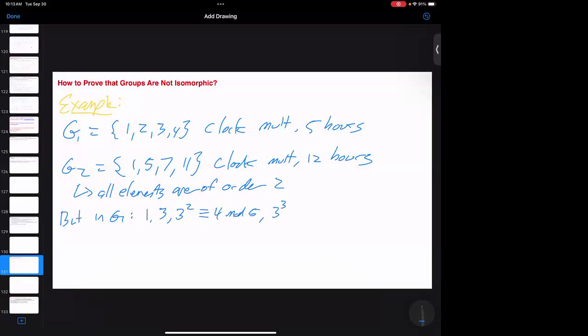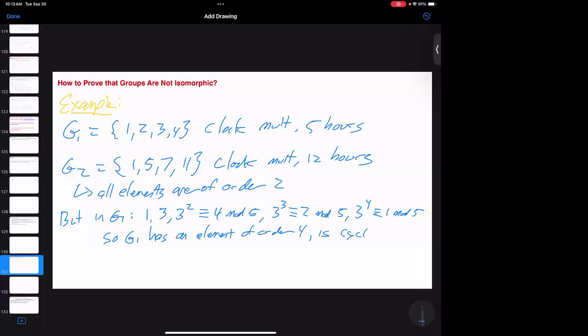And then 3 cubed is 27, or it's the same as 4 times 3, which is 12. What's 12 mod 5? 2. And then 3 to the 4th is 81. What's 81 mod 5? It's 1. So G1 has an element of order 4.